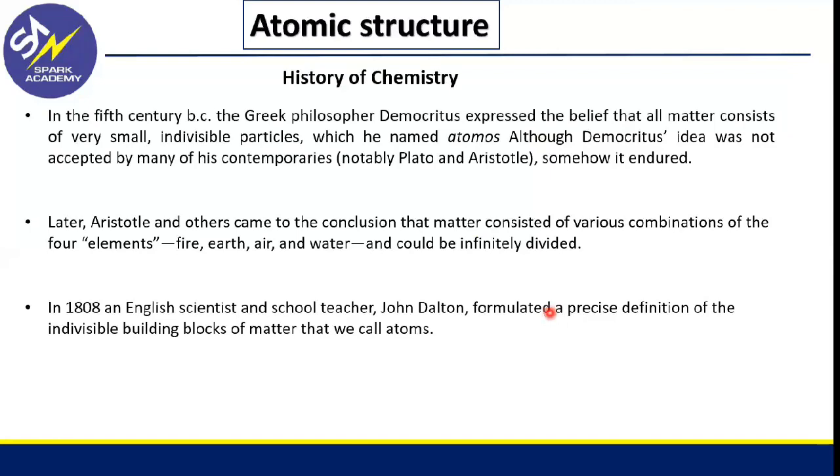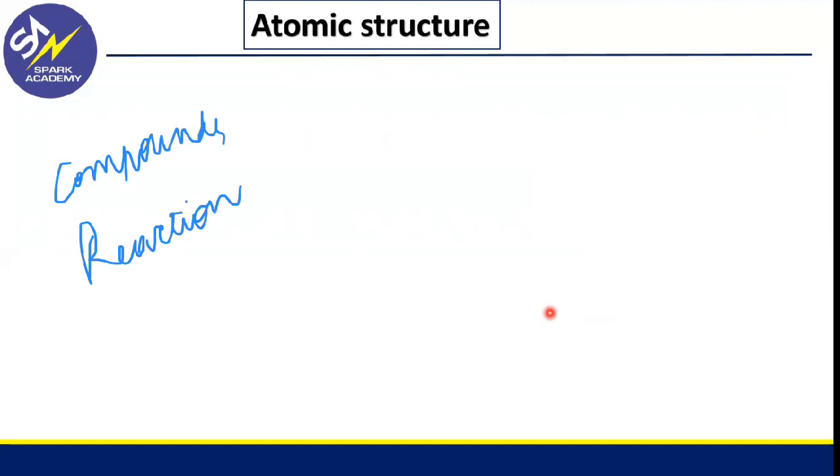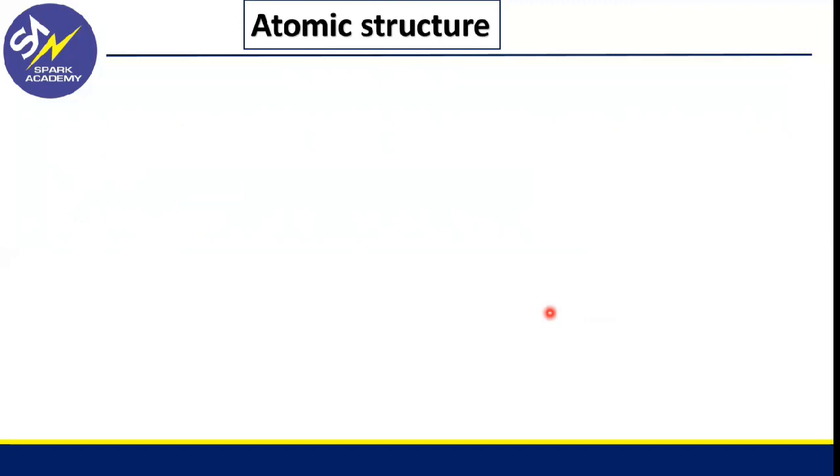We have already discussed Dalton's atomic theory: atoms are small indivisible particles, in a compound the atoms exist in a definite ratio, and in a reaction the atoms are rearranged, but no atom is changed into another. We saw these properties, and their merits and demerits, in our basic concepts of chemistry, isn't it?